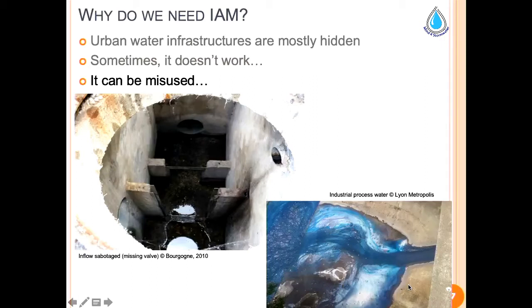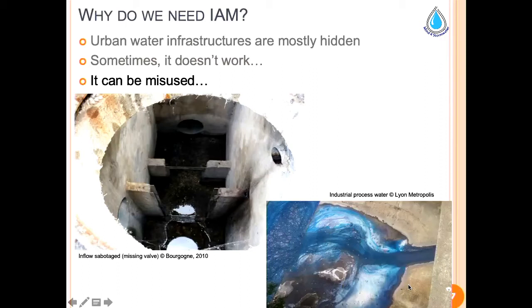On the left, you have the inlet of a dry retention basin, and this dry detention basin will be dry most of the time and is supposed to collect the water when there are heavy rain. But the inhabitants around this area were thinking that it was not very nice to have an empty pond all of the time.